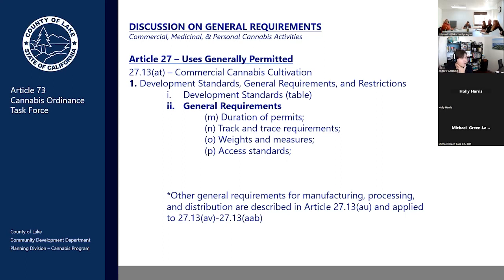Just a heads up, there are other general requirements for manufacturing, processing, and distribution, described in Article 2713, subsection AU. And for every section after that, from AV through the alphabet to AAB, the first thing it says is that it must meet the requirements of AU.